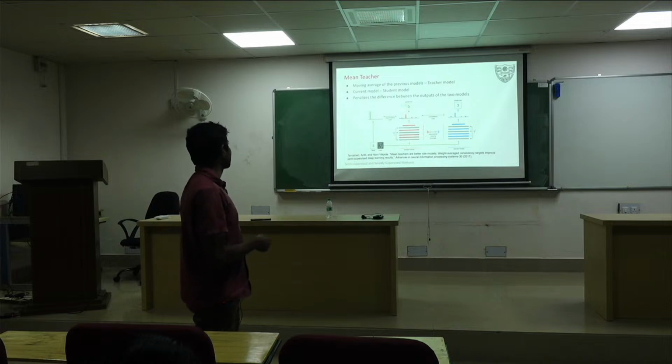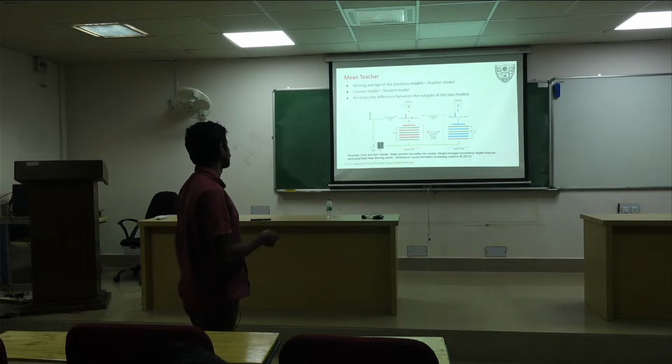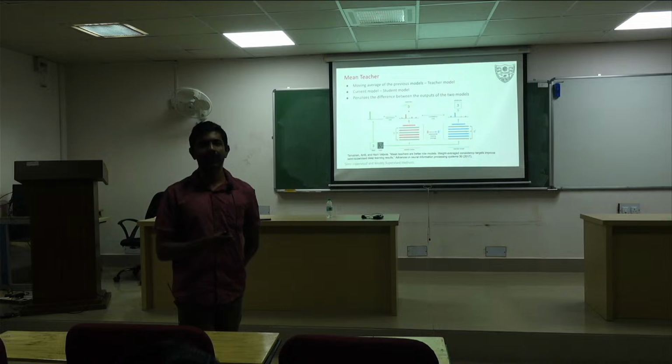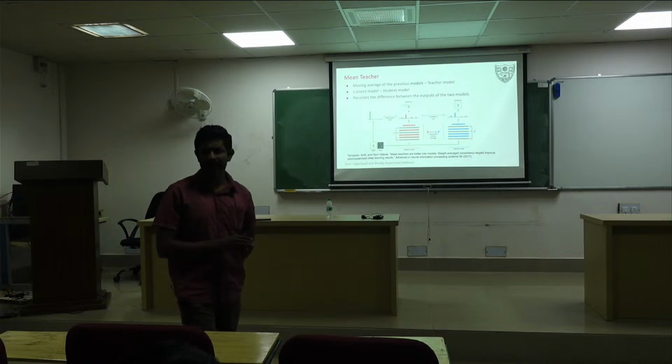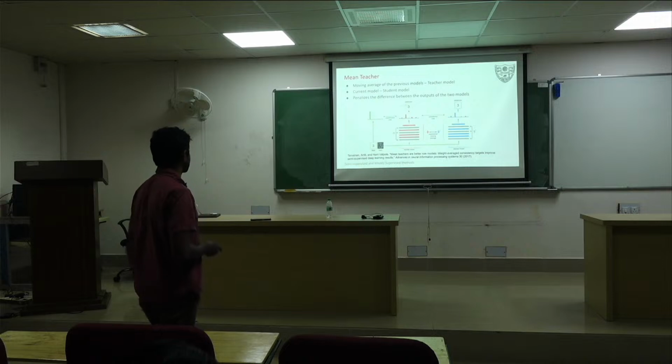But if you don't have labels, you keep another model which is averaged over the past 3 or 4 models. You predict from both of them and see if their output is the same. That is typically the mean square error. All this consistency cost is the mean square error.